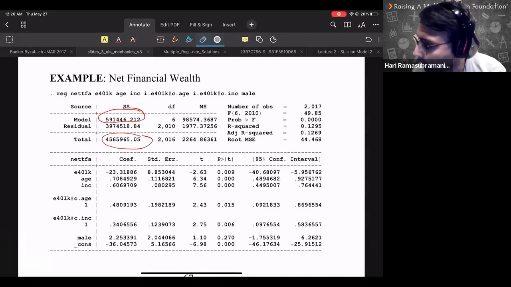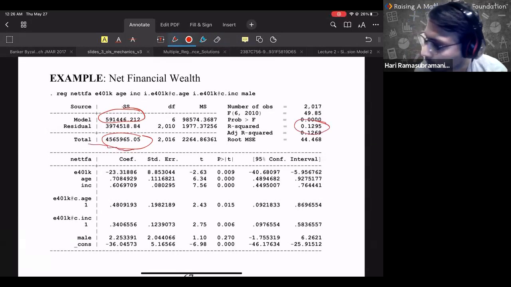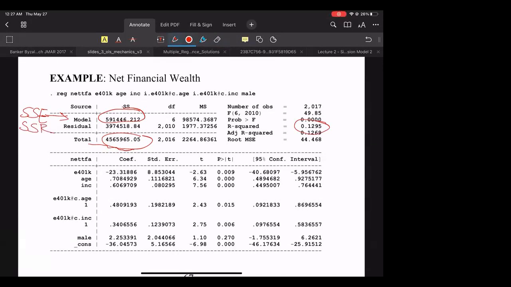That is your R squared, right? Because what is this? This is SST. What is this? This is your sum of the squares explained by the model. This is your SSR, sum of the squared residuals.